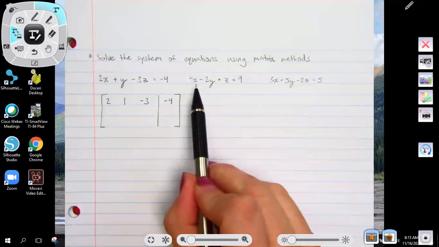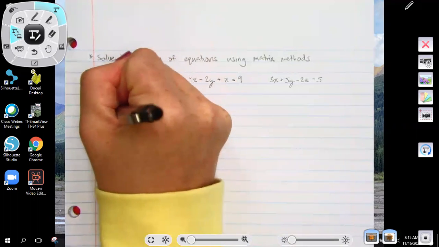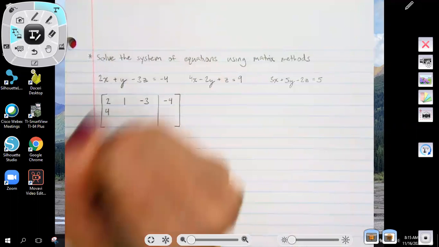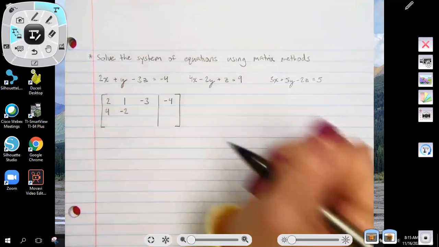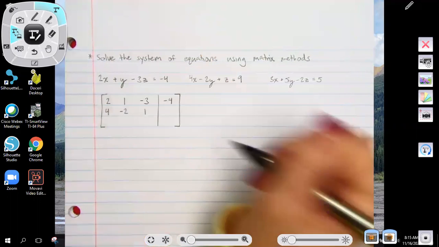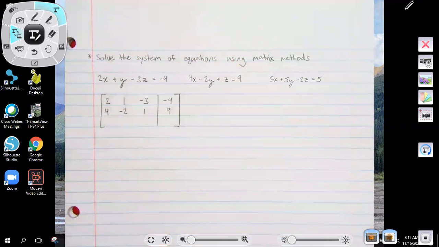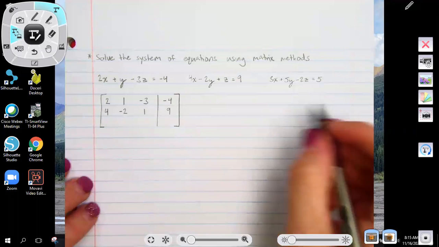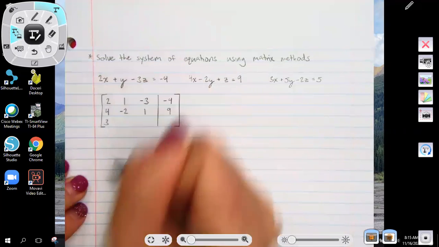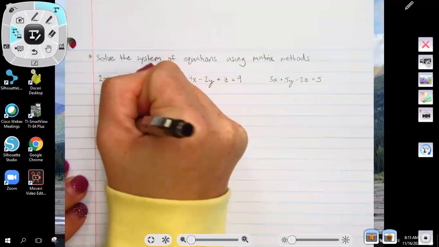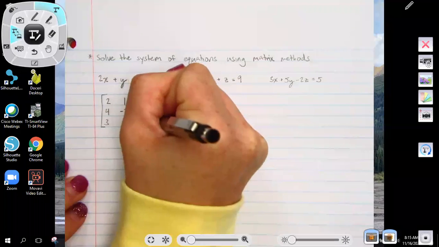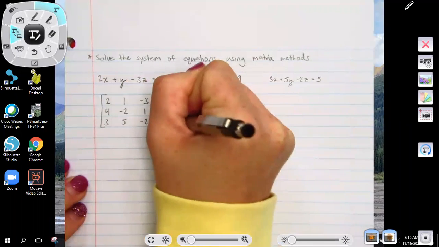Okay, the second equation becomes the second row, 4, negative 2, 1, 9. And the third equation becomes the third row, 3, 5, negative 2, 5.